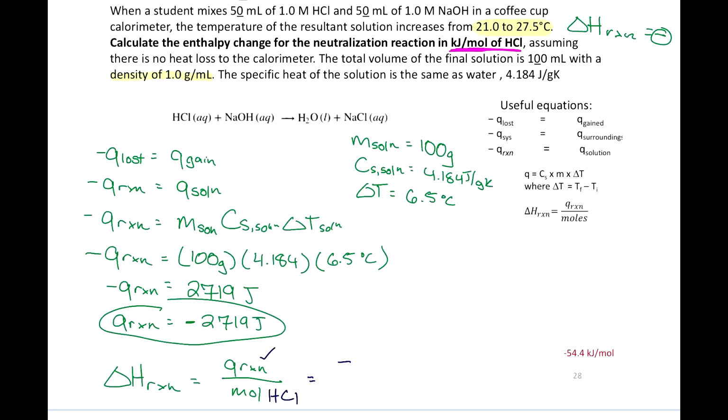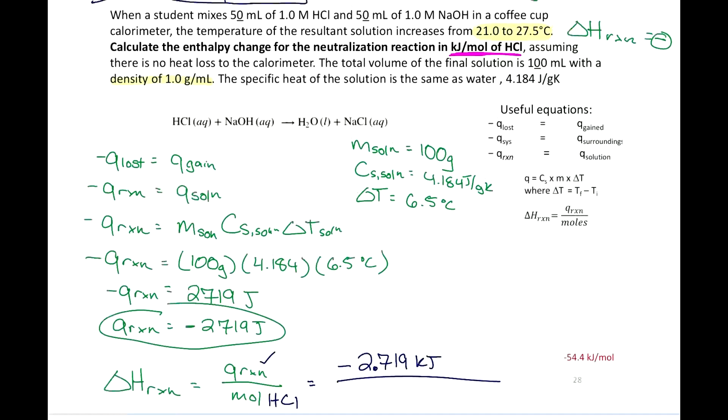I'm going to convert this into kilojoules, so 2.719 kilojoules over, let's calculate how many moles of HCl reacted. So we've got to look back at the question that's given. What are we mixing together? 50 milliliters of 1 molarity HCl, 50 milliliters of 1 molarity sodium hydroxide.